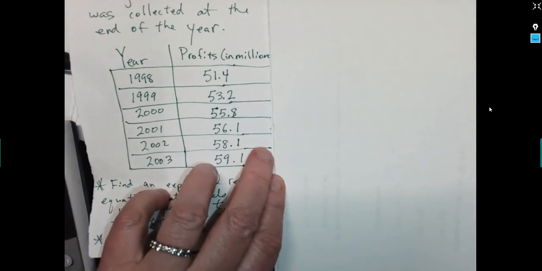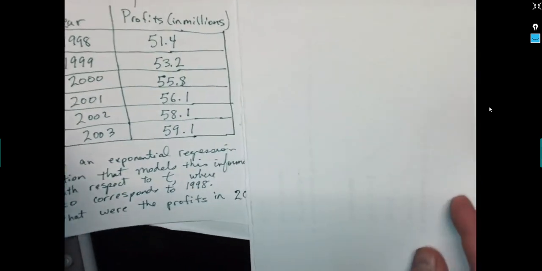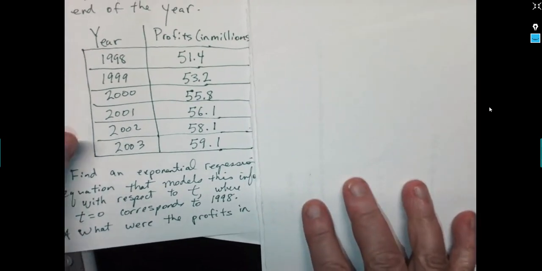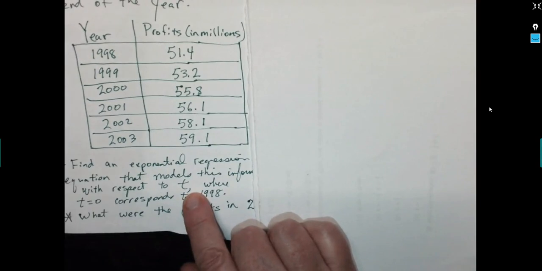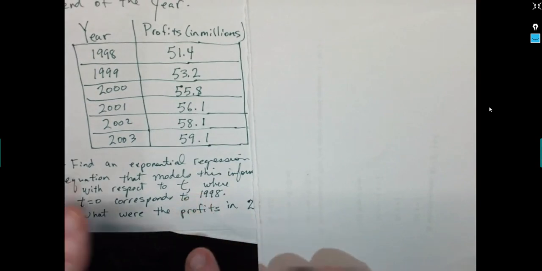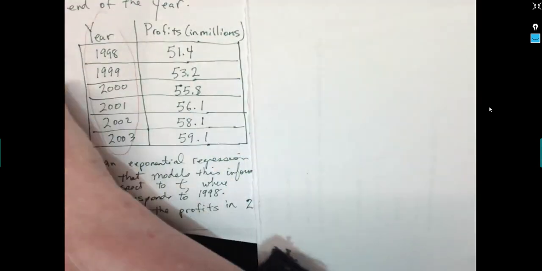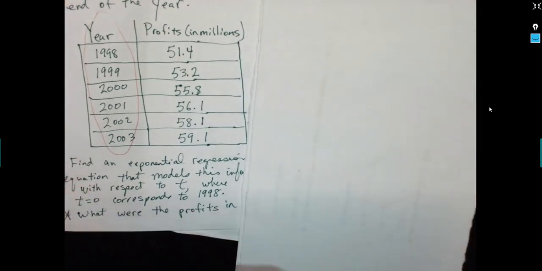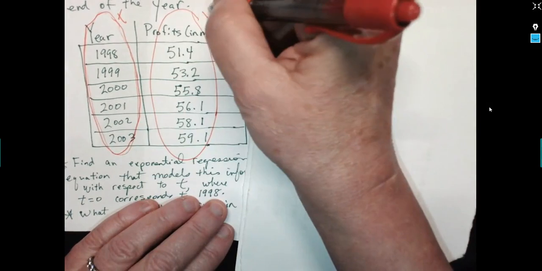So, if I ignore the instructions, which a lot of students do, then they don't get the regression equation that WebWorks has specifically asked for. Now, when we have it like this, those are your x values. So, if I was going to put it in a list like this, this would be my list 1, and these are my y values.